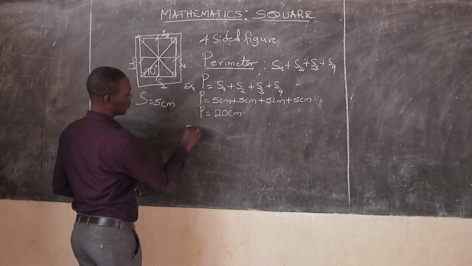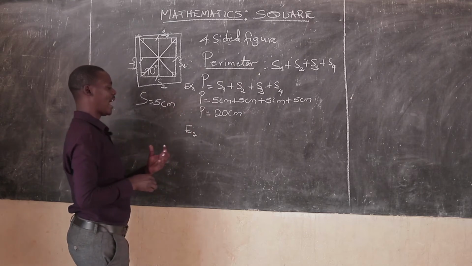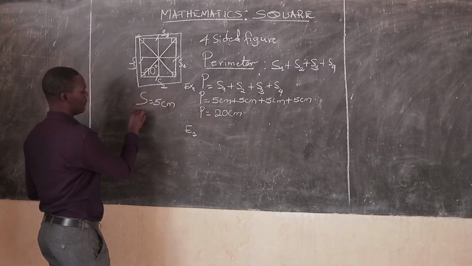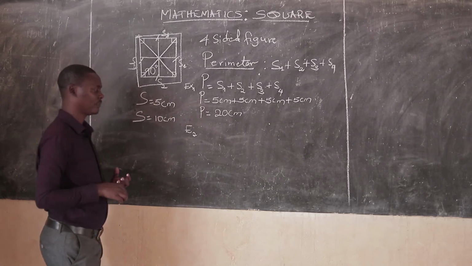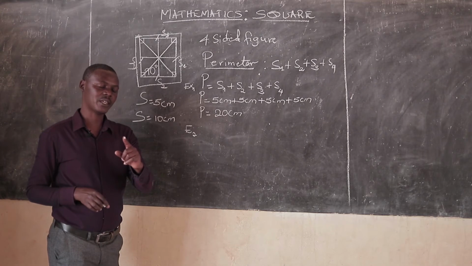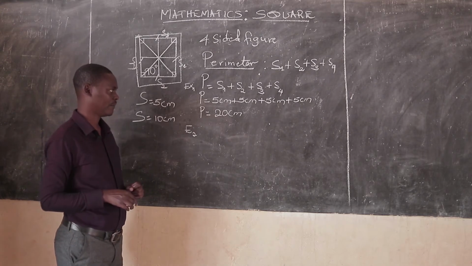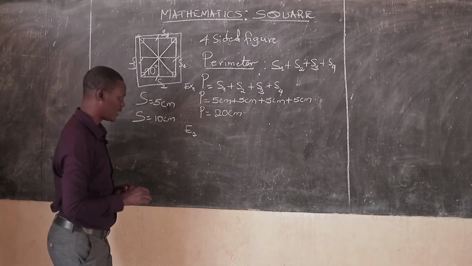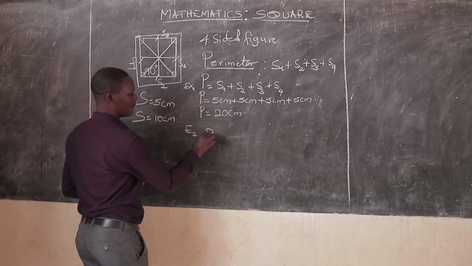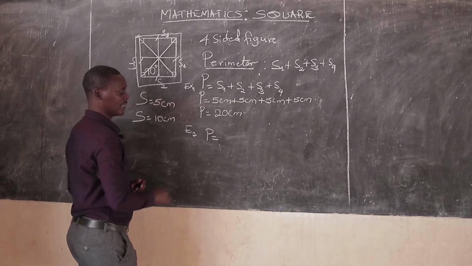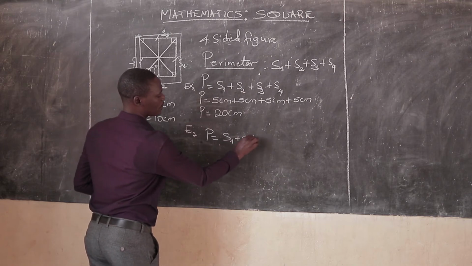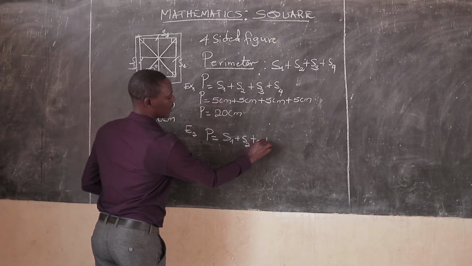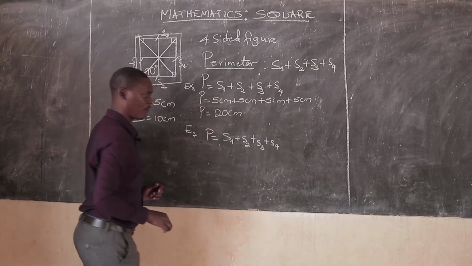Example number 2. Let's now say our side is 10 centimeters. What will now be our perimeter? As the formula, we said perimeter is side 1 plus side 2 plus side 3 plus side 4.